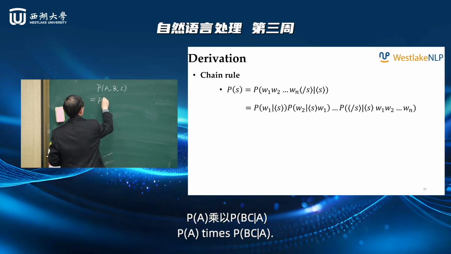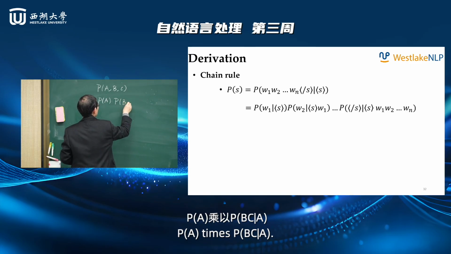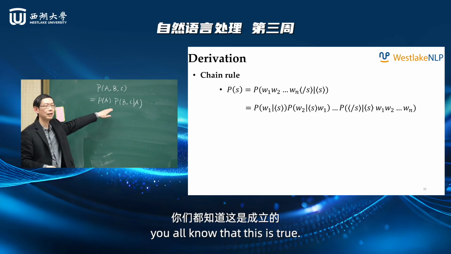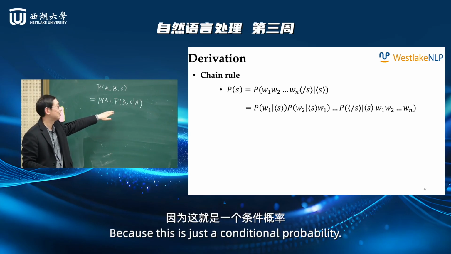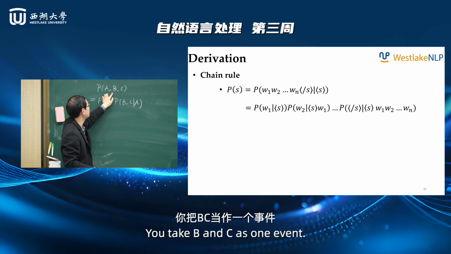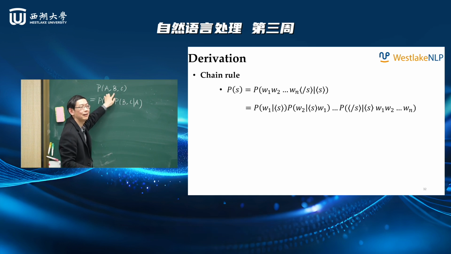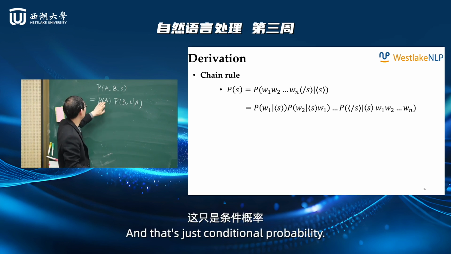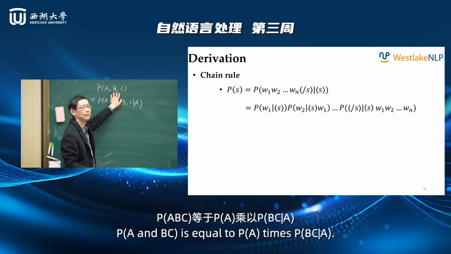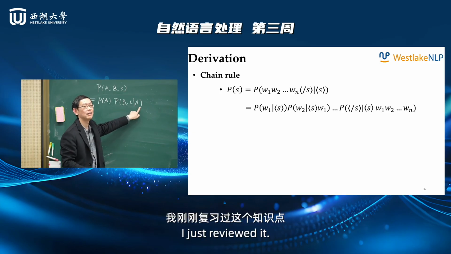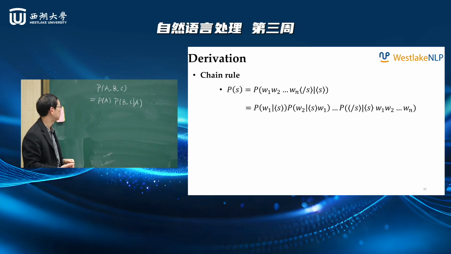P(A) times P(B and C given A). You all know that this is true, because this is just a conditional probability. You take B and C as one event, and P(A and BC) is equal to P(A) times P(BC given A). I just reviewed it. So this is conditional probability.